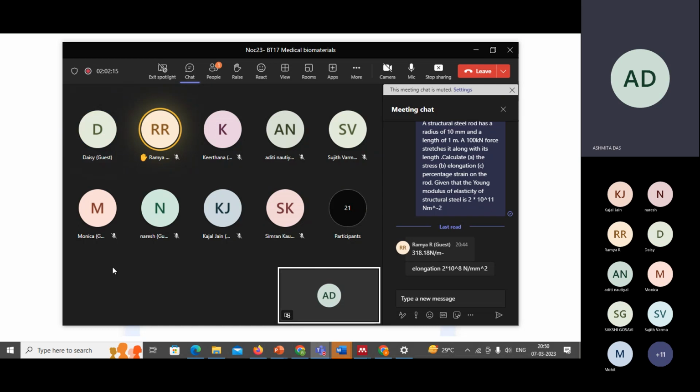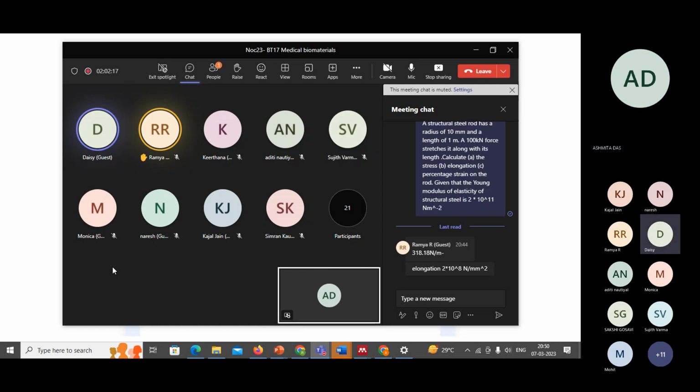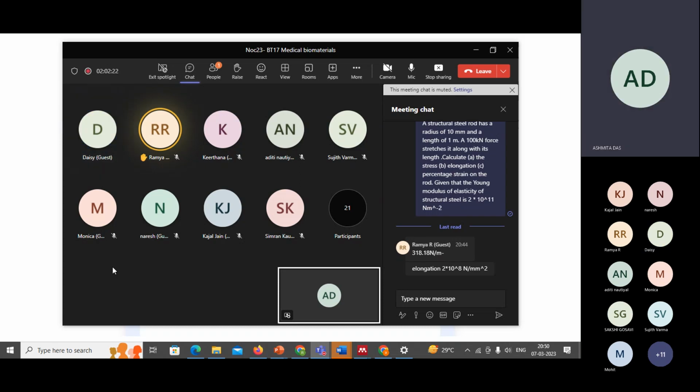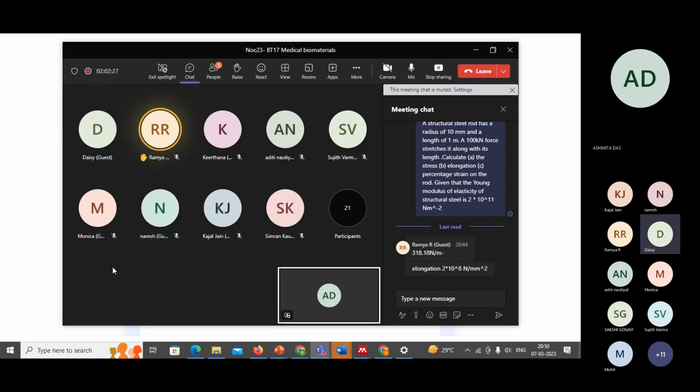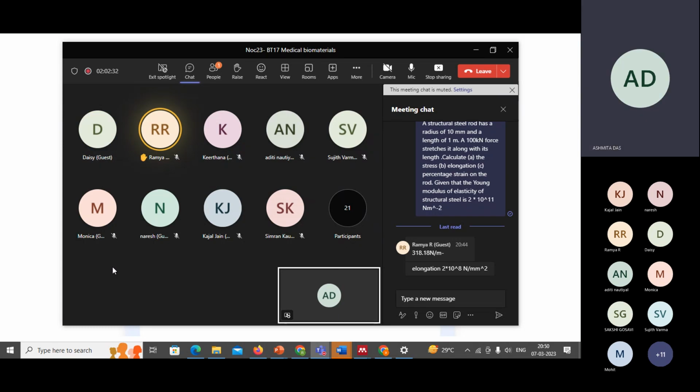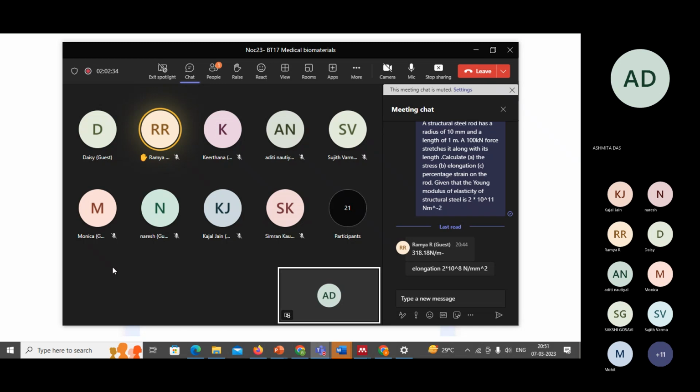But I am asking for del L in millimeter. To convert meter to millimeter you have to multiply by 1000. Yes, okay, so it should become around 1.59.